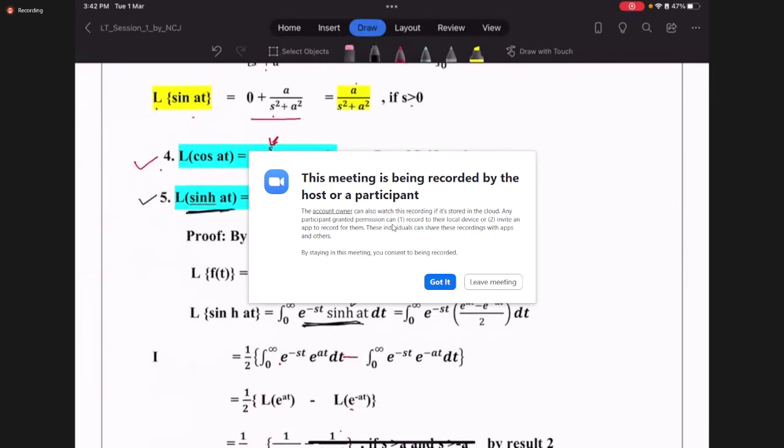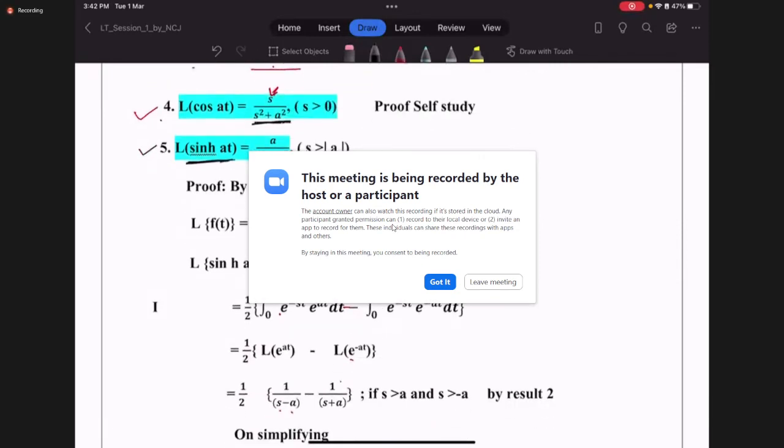Let us see the answer for this. See, e raised to minus st into the Euler's formula for sin at, e raised to at minus e raised to minus at upon 2. Now multiply inside the bracket, e raised to minus st into e raised to at. One half is taken outside.